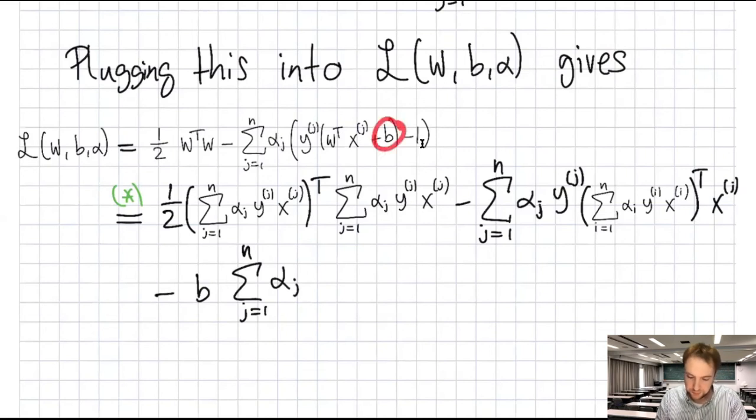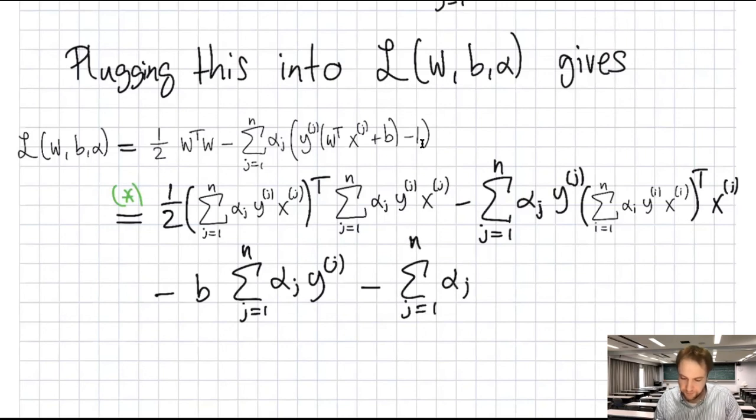So this now comes from this, so there's also still y j, and minus this part here, minus the sum j goes from 1 to n alpha j.